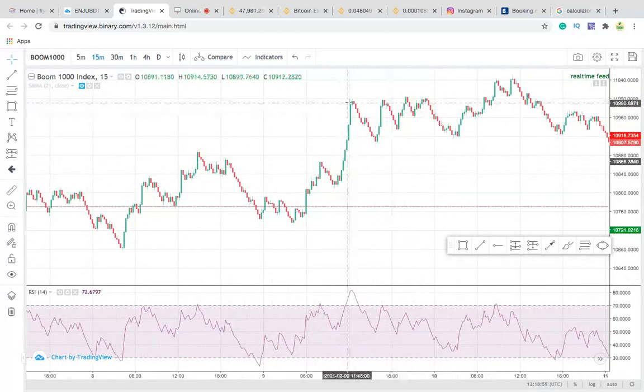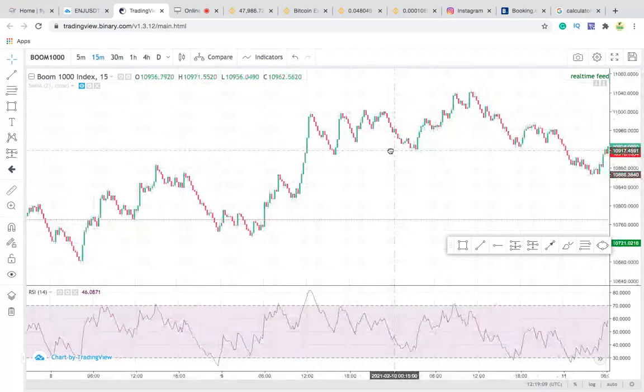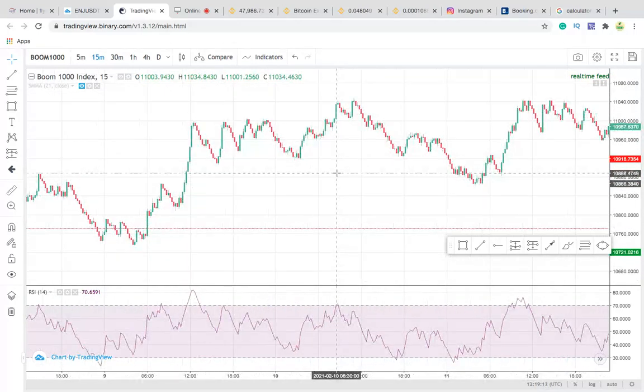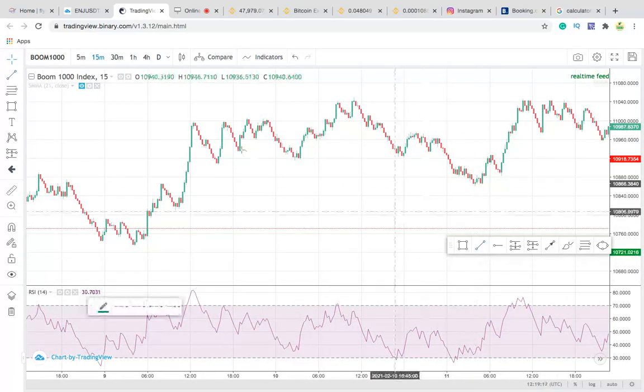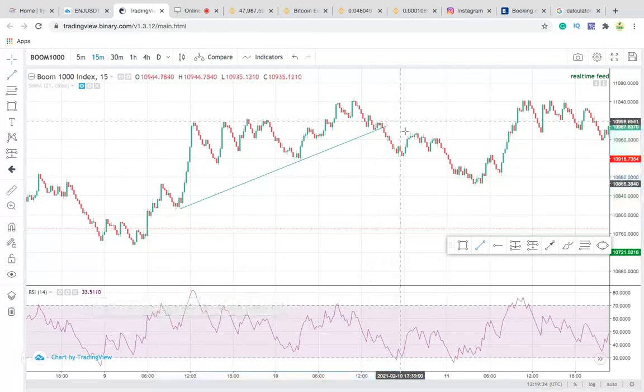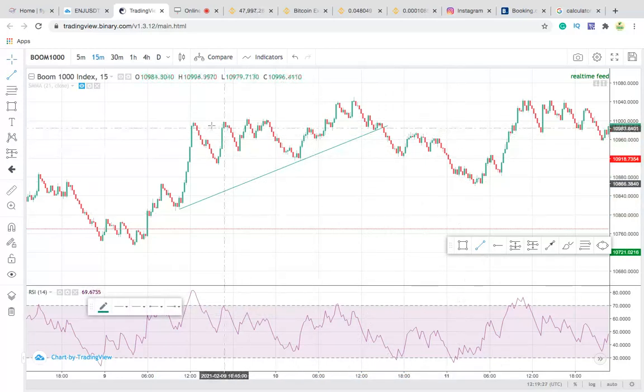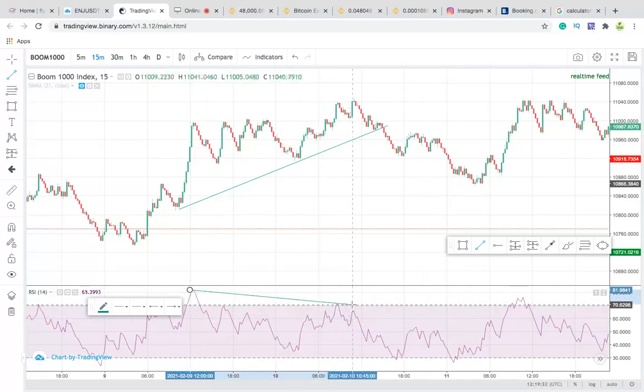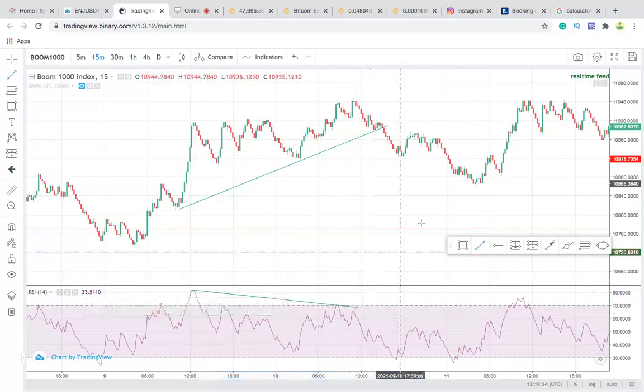So study this divergence. The market started diverging at some point. It started creating lower highs and lower highs, whereas on the chart it was going higher highs and higher highs. After that, the market did sell. From here to here was higher highs, and then on the RSI, you can see what we have, a low to a lower high.